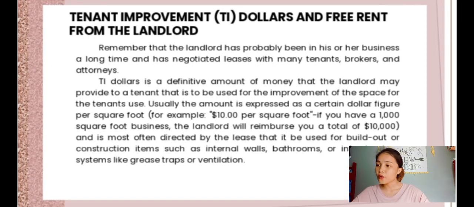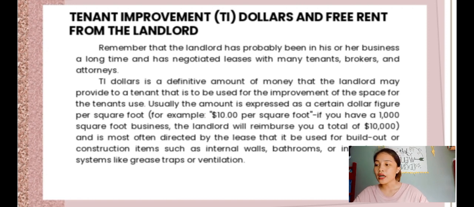So what is a tenant improvement allowance or a TI? A tenant improvement allowance, also known as TIA or TA, is a pre-negotiated sum of money that a landlord will provide the tenant in order to cover all or a portion of the construction cost. So naay section nga ang landlord maoy mo provide og kwarta for construction costs sa premises, sa location.